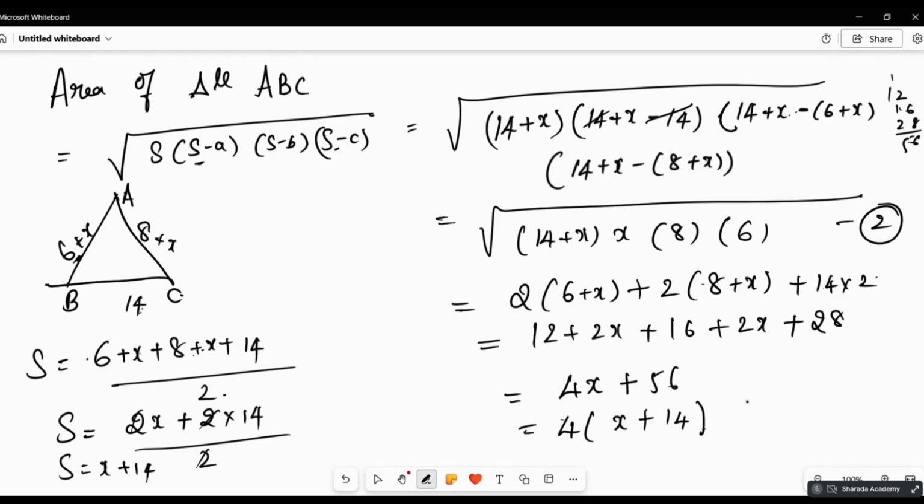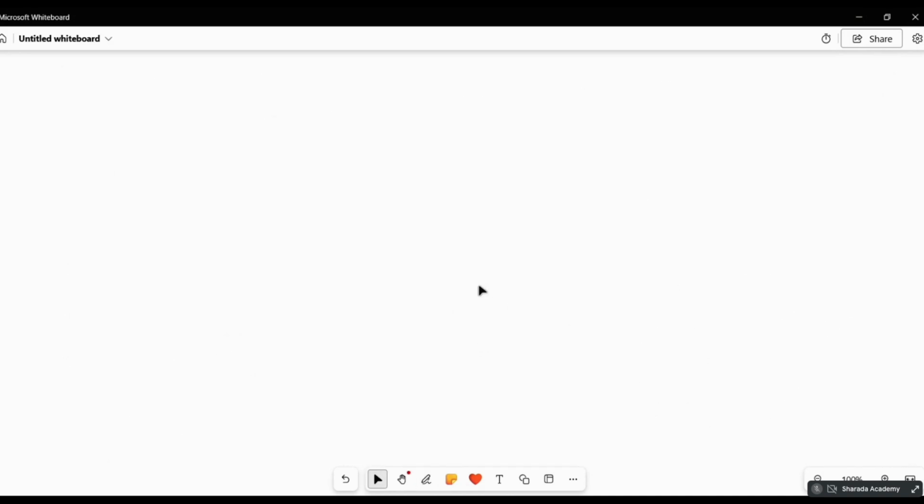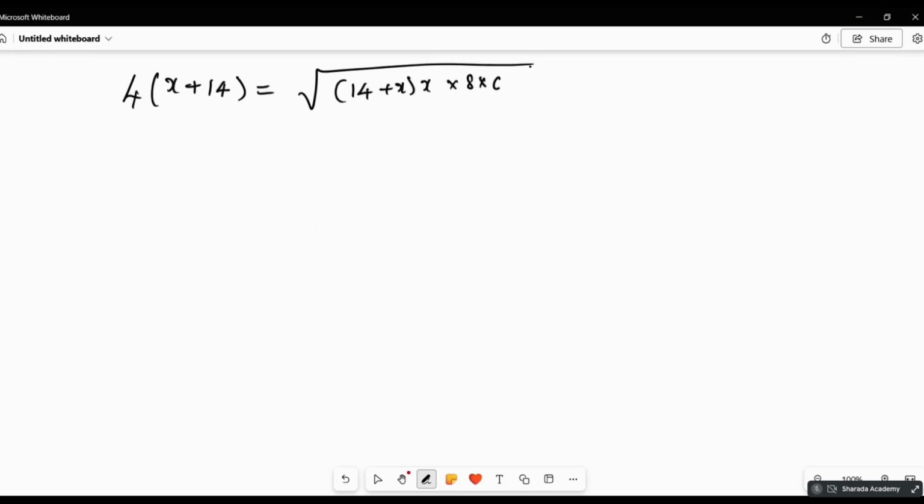Yeah. So this equation is equal to this. These two are equal now. This was 1, and so what we have got, 4 into x plus 14 is equal to root of 14 plus x into 8 into 6.